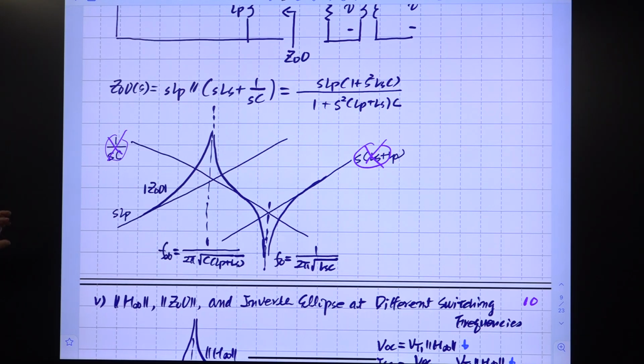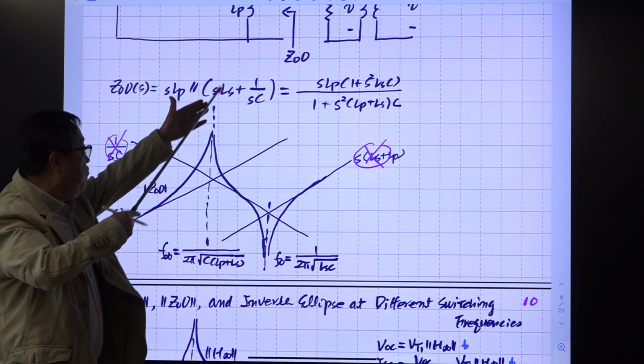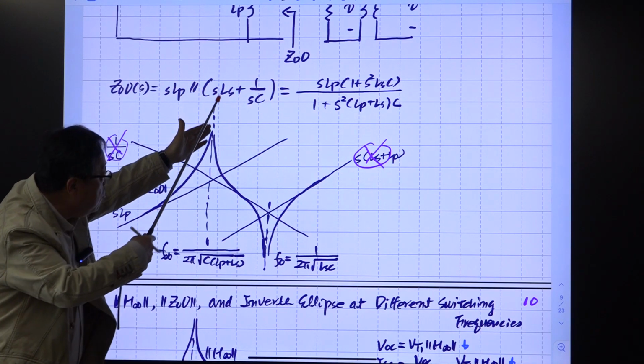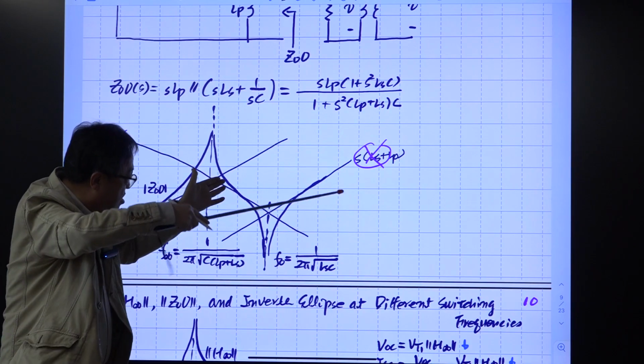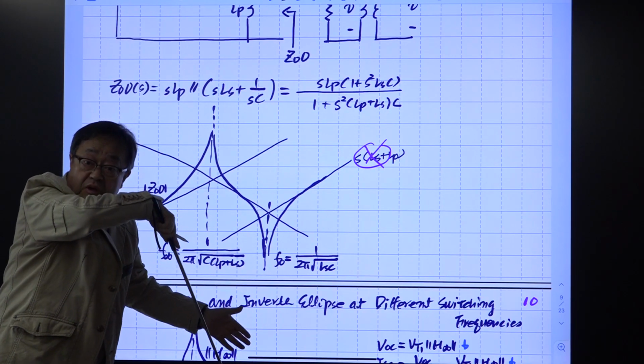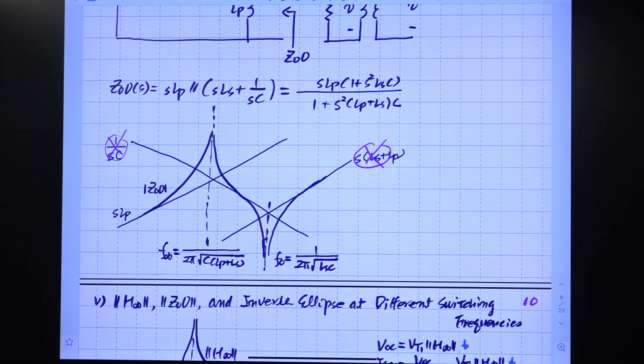This is a double pole, not a double zero. So this double pole is shooting to infinity, then goes down. Then you have a double zero here, so it's dipping to the ground. So you have a double pole and a double zero, with peaking or dipping of infinity.